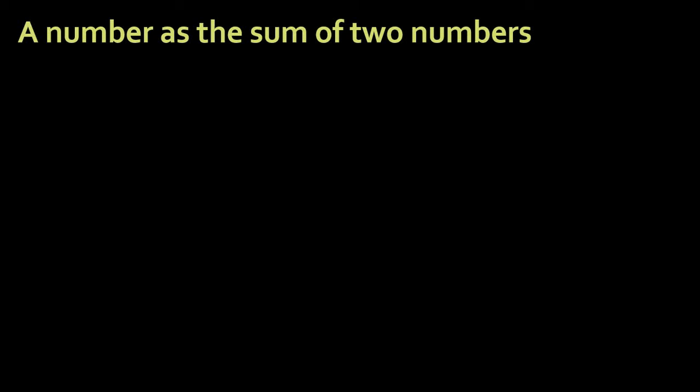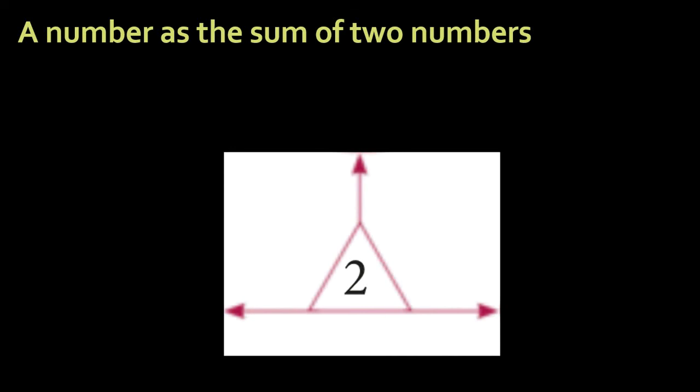A number as the sum of two numbers. So any number can be expressed as sum of two numbers. Let us take few examples to understand that. The number 2 can be expressed as sum of two different numbers. Let us see how it can be expressed.